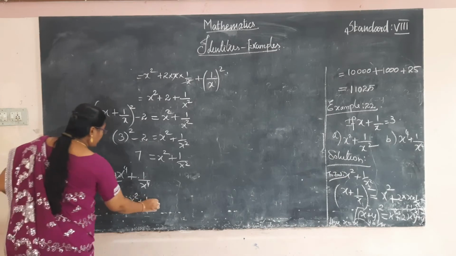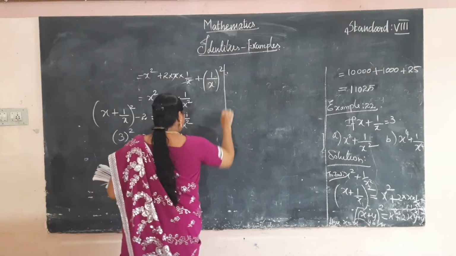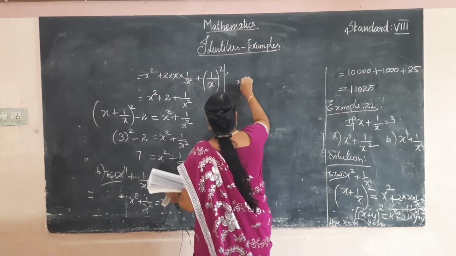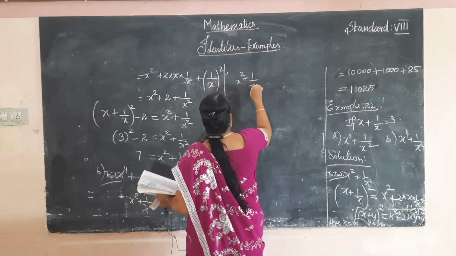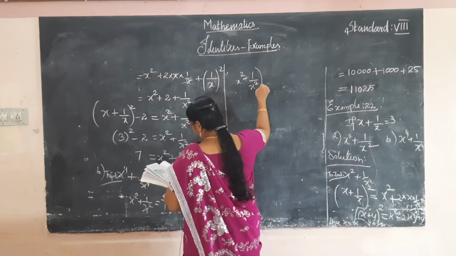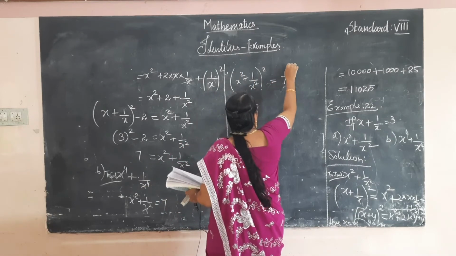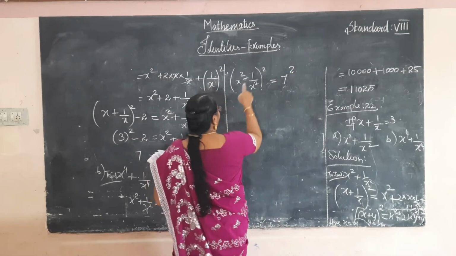Now square on both sides: 7 the whole square.